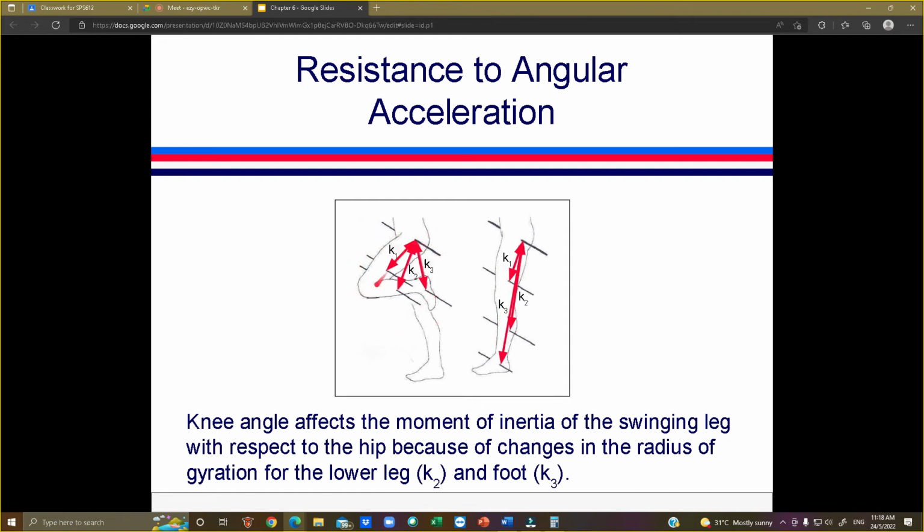Because condition A radius dia pendek. Jadi radius ni daripada mana ke mana? Daripada axis ke center of mass. Dia ambil center of mass, center of paha, center of lower leg, center of feet. Same goes here. Tu dia punya mass lah. Okay. The COG for every part represents the mass for that particular part.